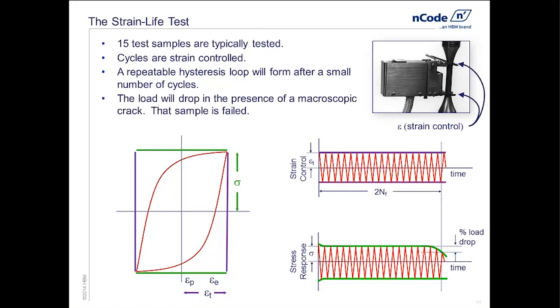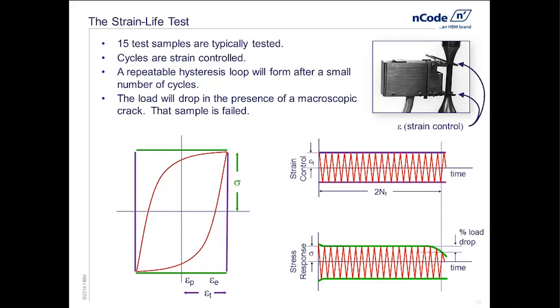The reason that we have this fairly complex system is that as we cyclically load these specimens, especially in the low life regime, we're developing plasticity. We're yielding the part, and the actual material behavior changes. The first load on the part follows what's called a monotonic stress-strain curve.